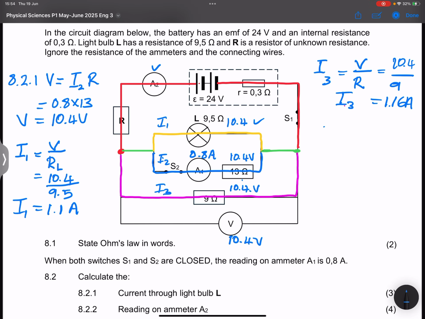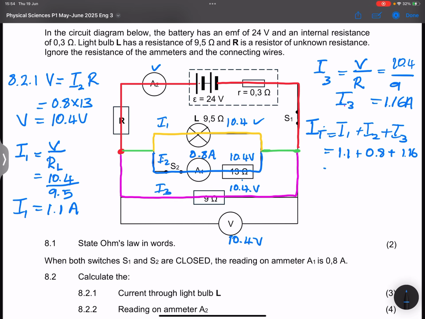So we can say the total current will be equal to I1 plus I2 plus I3. And so in this case, I1, we said it's 1.1, I2, that's 0.8, and I3, which is 1.16.